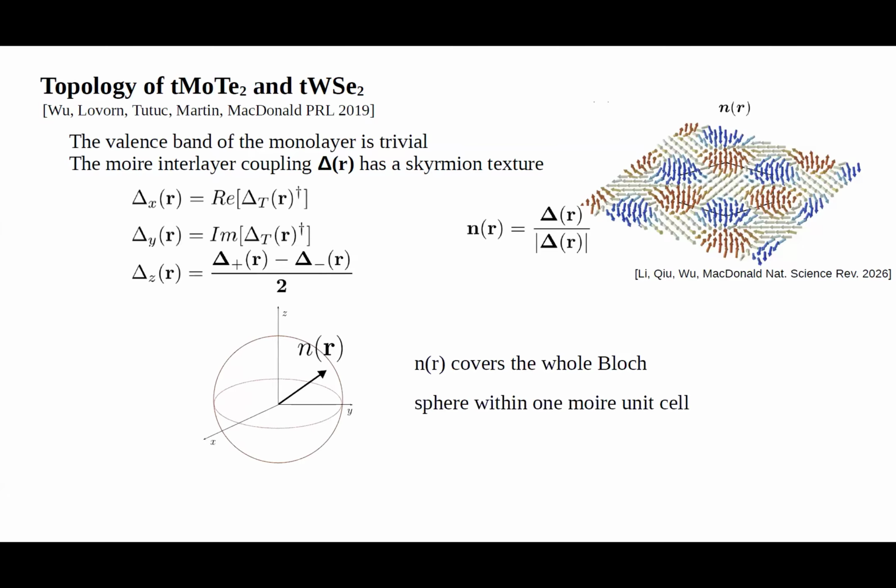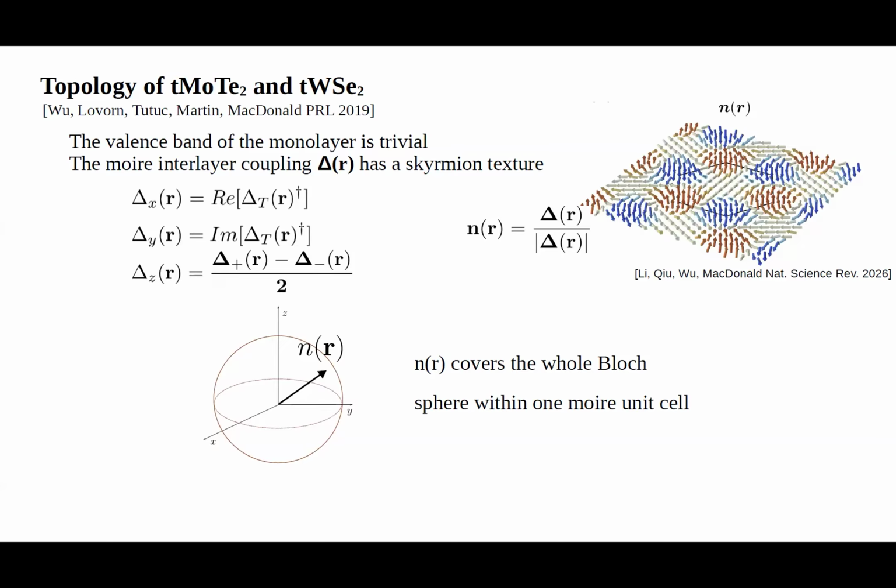One way to think about it is that this vector, which is just this first vector normalized, in terms of the Bloch sphere, if you go through the entire moire unit cell, this vector will cover the whole Bloch sphere.